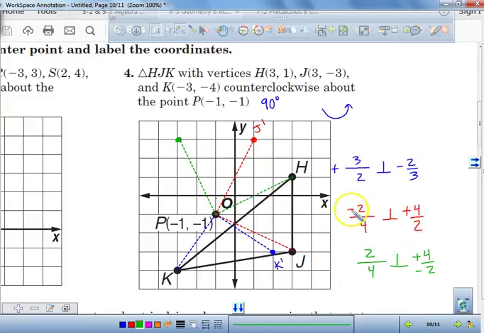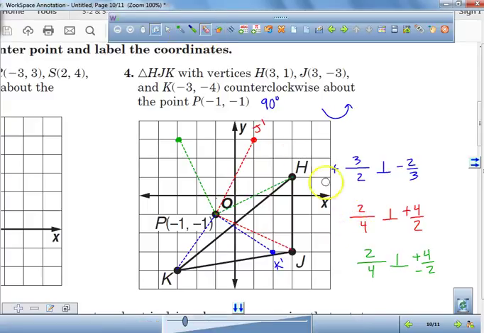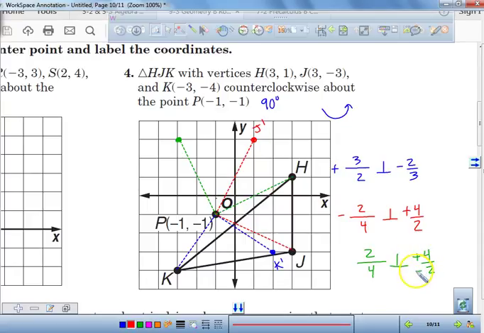Here I could do a negative 2 and a positive 4, or if I wanted to, I could keep that as a plus and keep that as the same thing. What is that? By the way, it's either a negative 4 over a positive 2 or a positive 4 over a negative 2, so it stays negative. Oh, this right here, that's H prime.